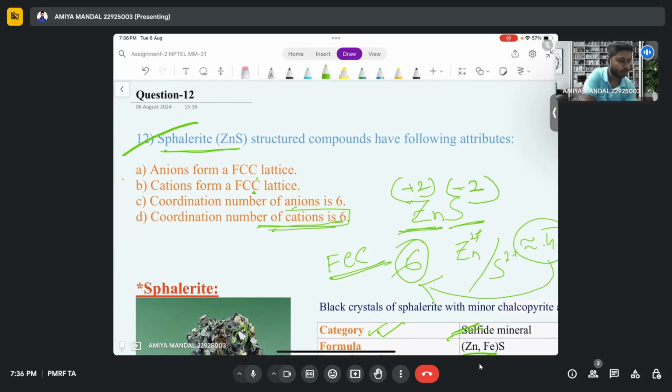The anion of course forms an FCC structure, and the cation is also forming an FCC structure. But the anion having a coordination number of 6 is not correct. The cation having a coordination number of 6 is correct. Okay. So this is all the information about ZnS.